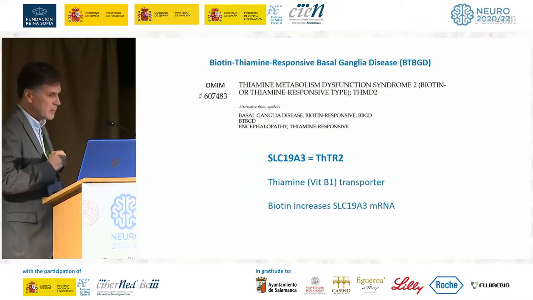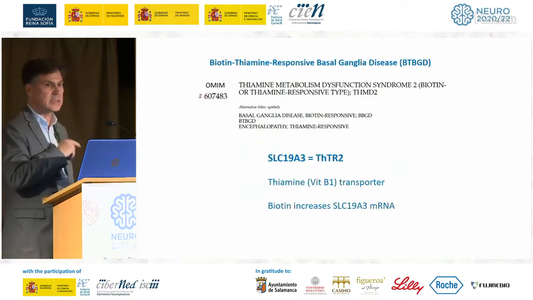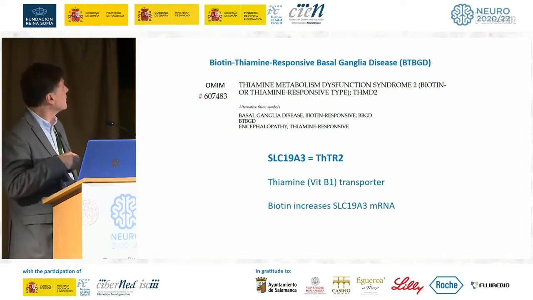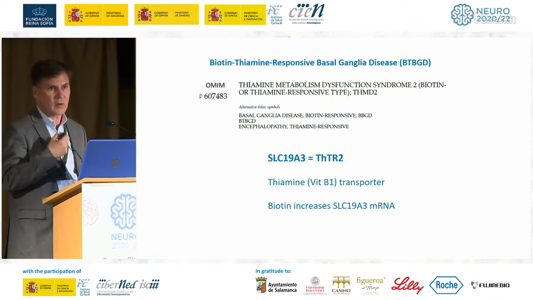That was very interesting because, again, mutations in this gene produce a basal ganglia disease that reverts with a combination of vitamins.